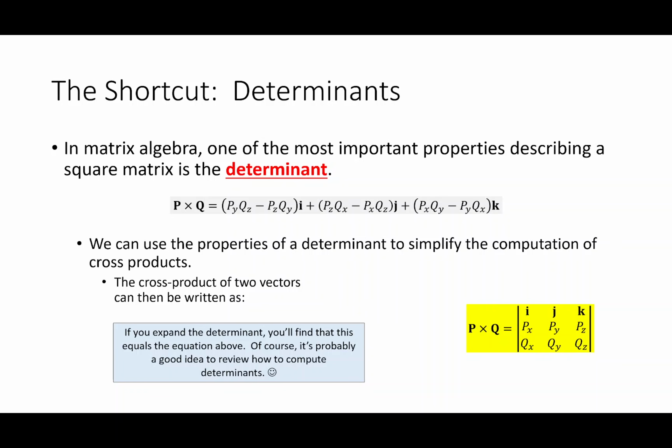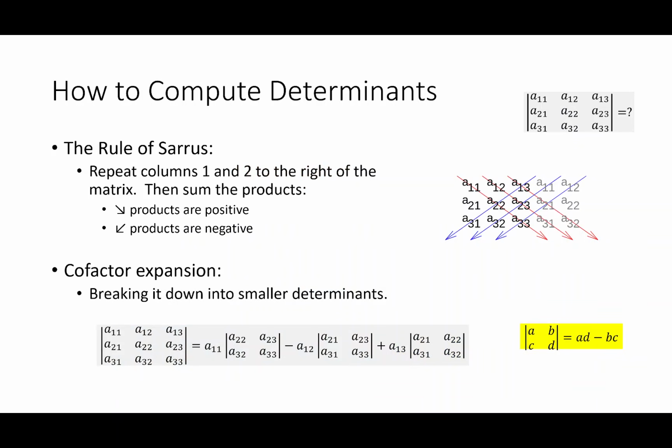Now 2 by 2 determinants are really easy. You just go that times that minus that times that. What about a 3 by 3? Well, 3 by 3 determinants are a little more computationally heavy, and there are two ways of doing them. The first is to use what's called the rule of Sarrus.